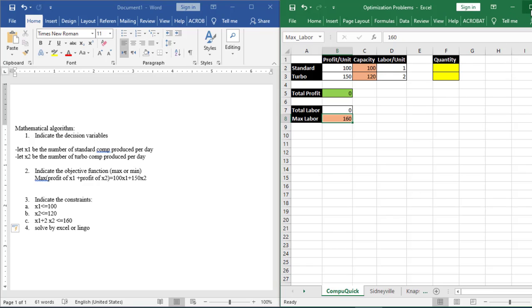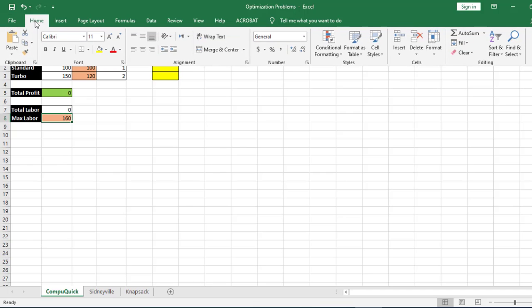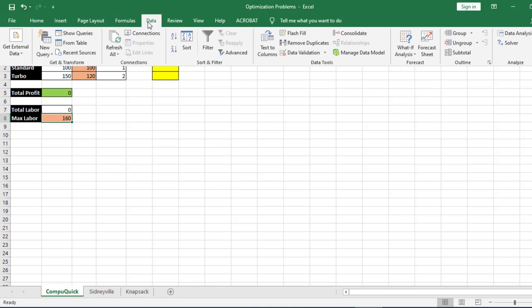How? Let's do it. The first step, guys, in order to solve a linear optimization problem using Excel is to go into your Data. If you don't see the Solver here, then you should add it. How to add it?